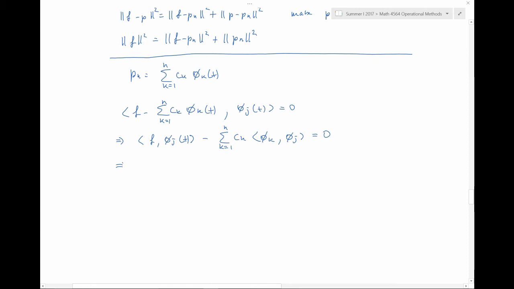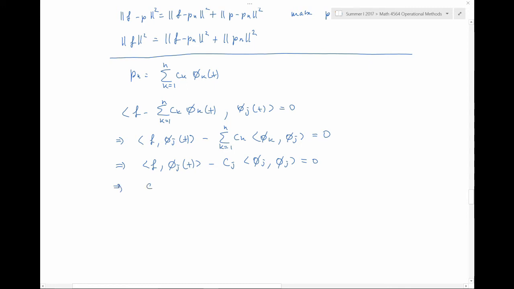So we get that the inner product of f with psi j minus cj, inner product of psi j with itself, should be 0.